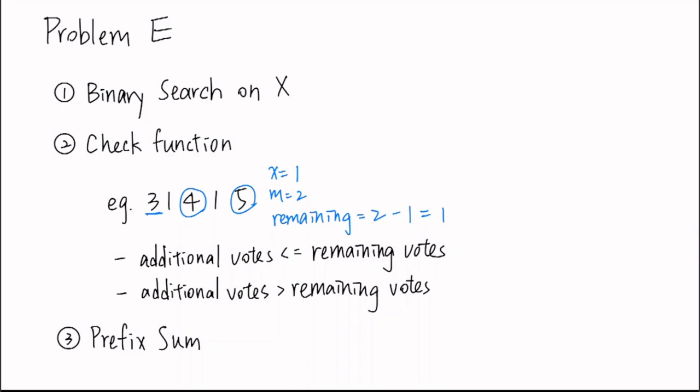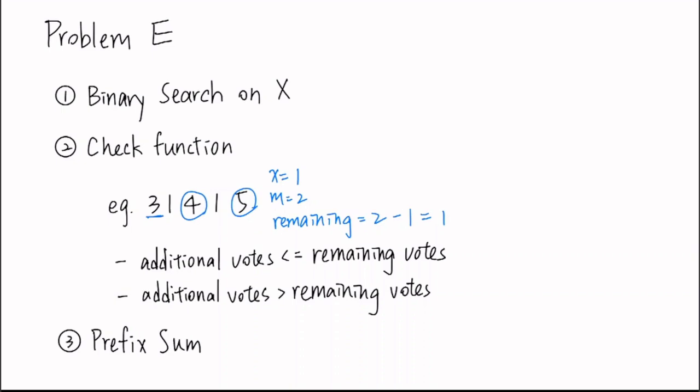The reason we want to give to the largest candidates is that this would make them greater than candidate 1 with a lesser value, because if we give the votes to candidate 4, then they would need another 4 votes for them to be greater than candidate 1. So it would be best to give the votes to the largest candidates.